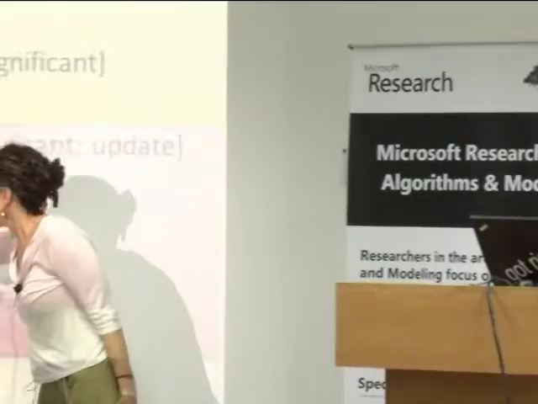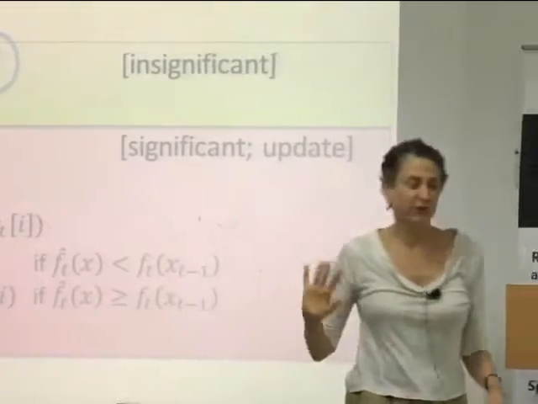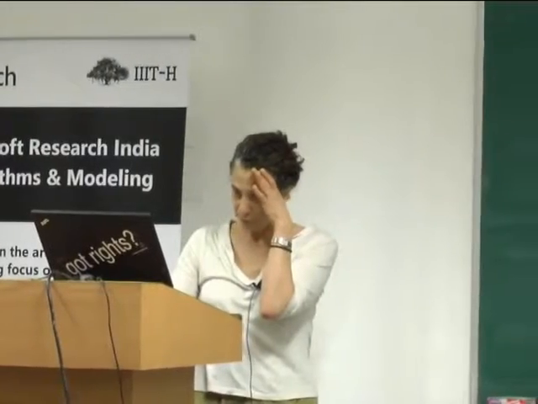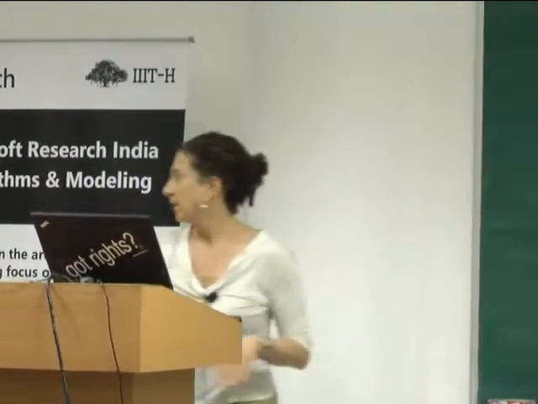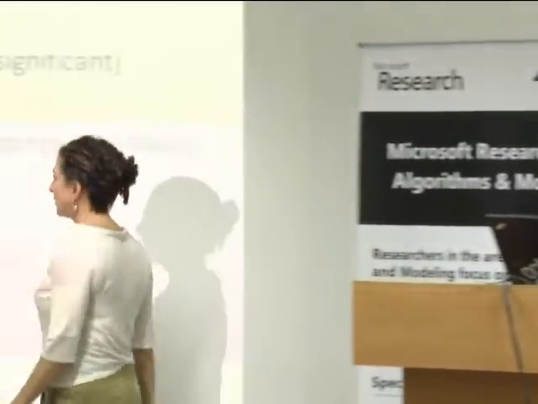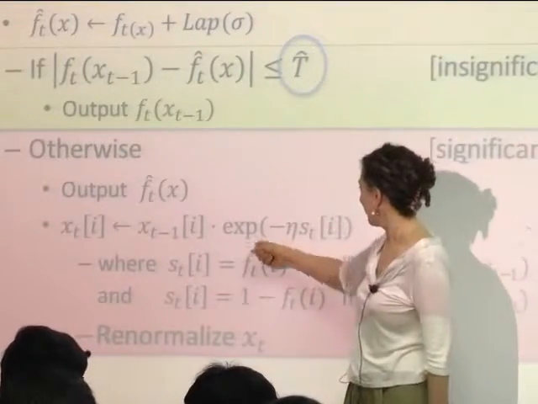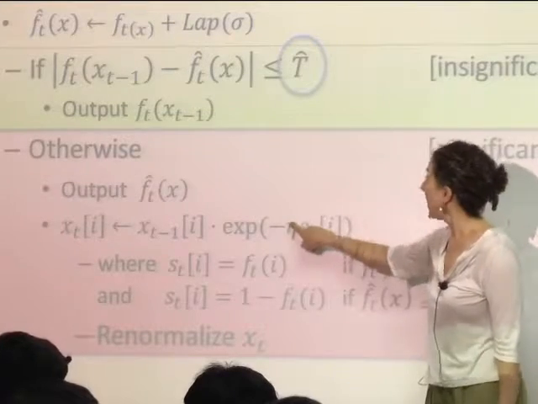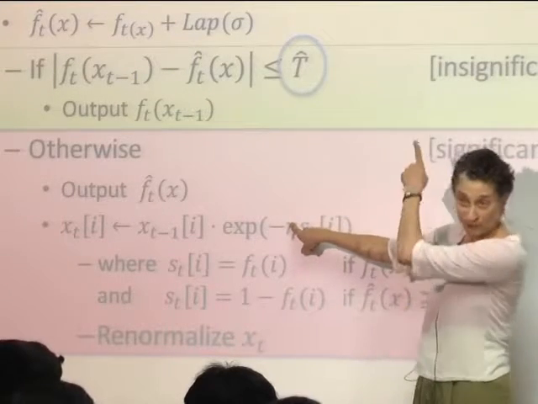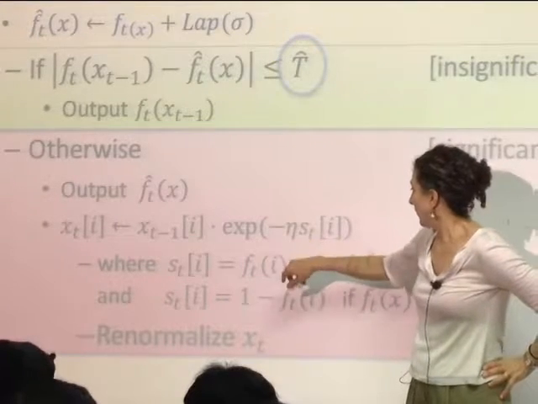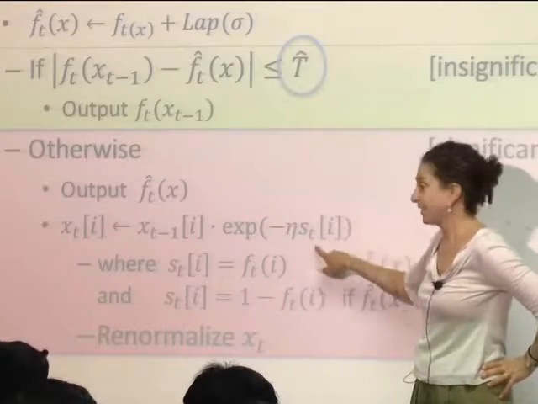Here is the form of it, which just is really confusing, so let me walk you through it. First of all, okay, what are we doing? We take whatever we had before in this position, and we're going to multiply it by e to the something. This eta is a parameter. It's less than 1. All right. And then there's this quantity, st of i.